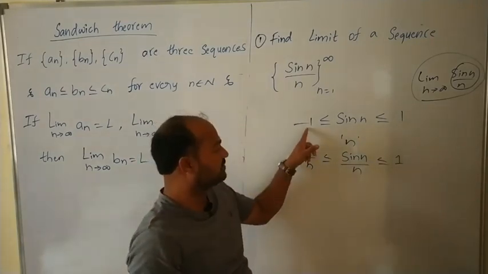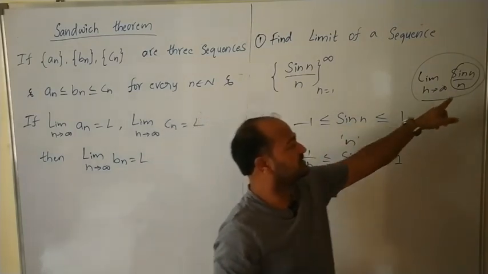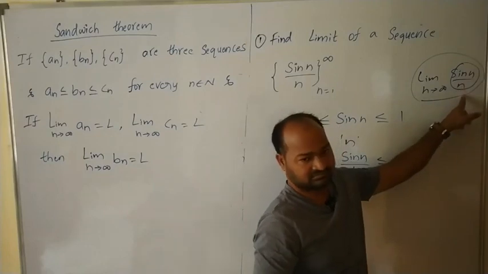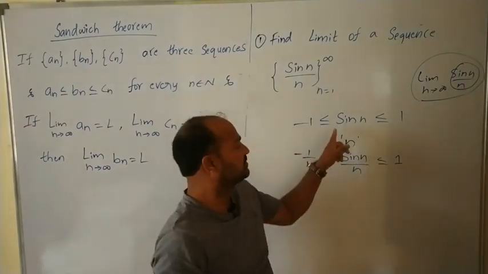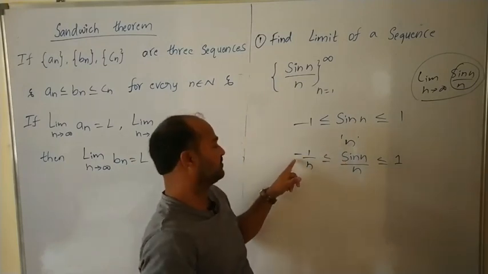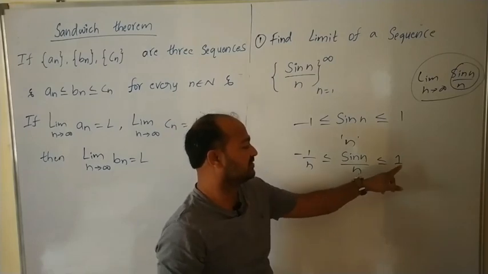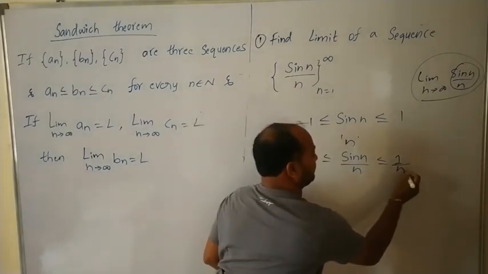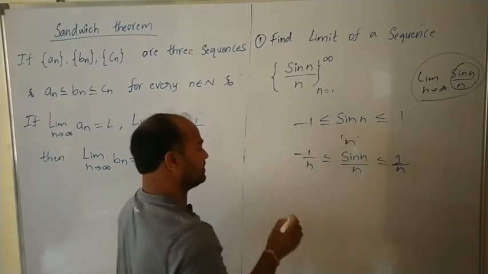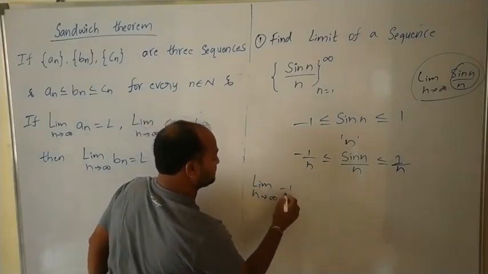I am dividing throughout the inequality by n because we want to form sin n by n.